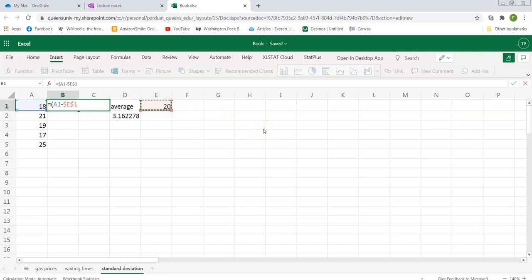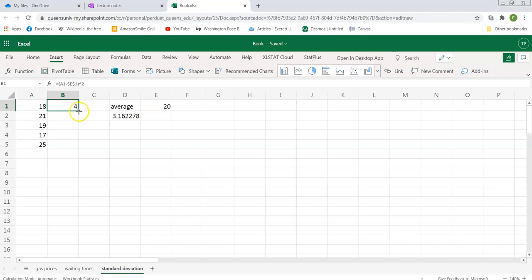That's one way that Excel helps with efficiency. And we're going to go ahead and square these in this step. So we've got our data point minus the mean, and we're squaring the result.